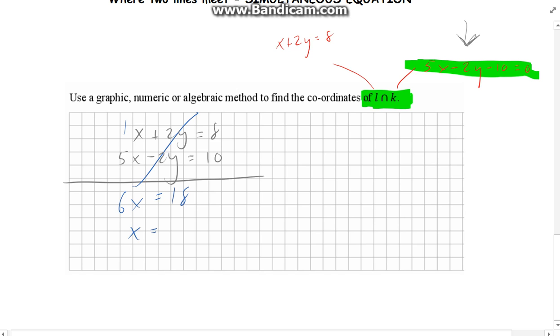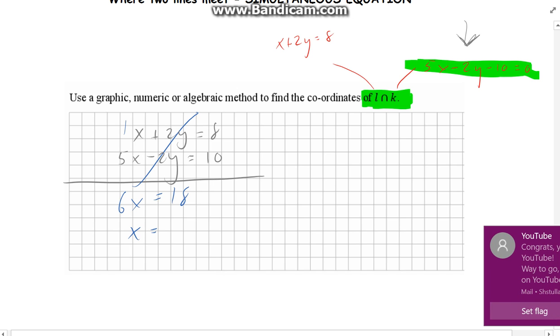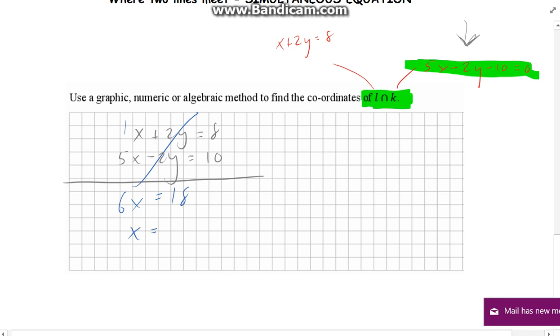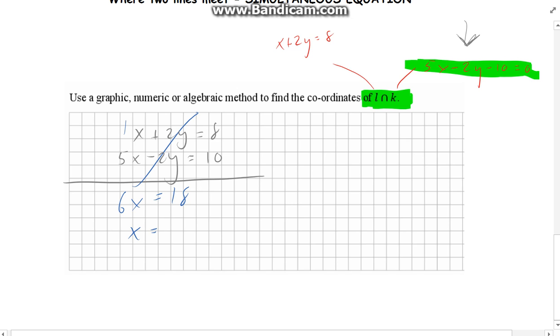So we'll have 6x is equal to 18. The 6 and the x are multiplying, therefore when we bring the 6 across it becomes a divisor, so x is equal to 18 divided by 6, which is 3.